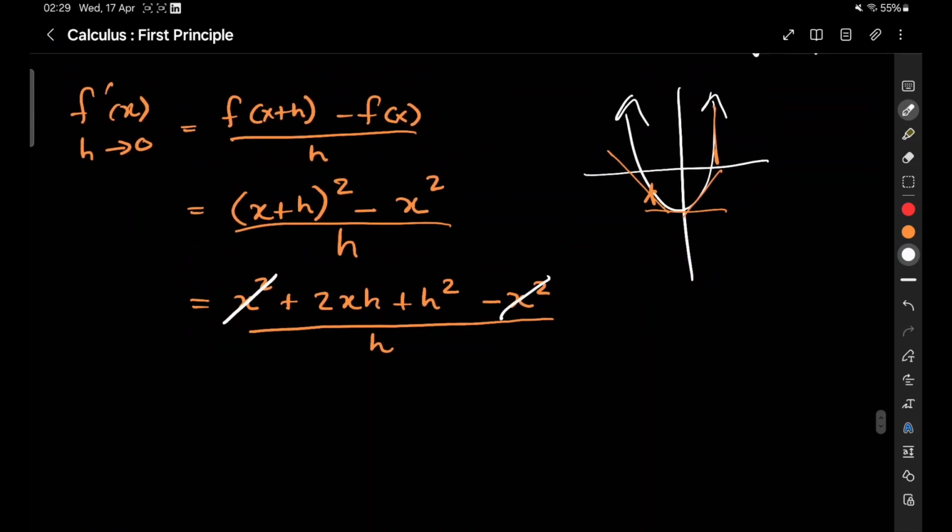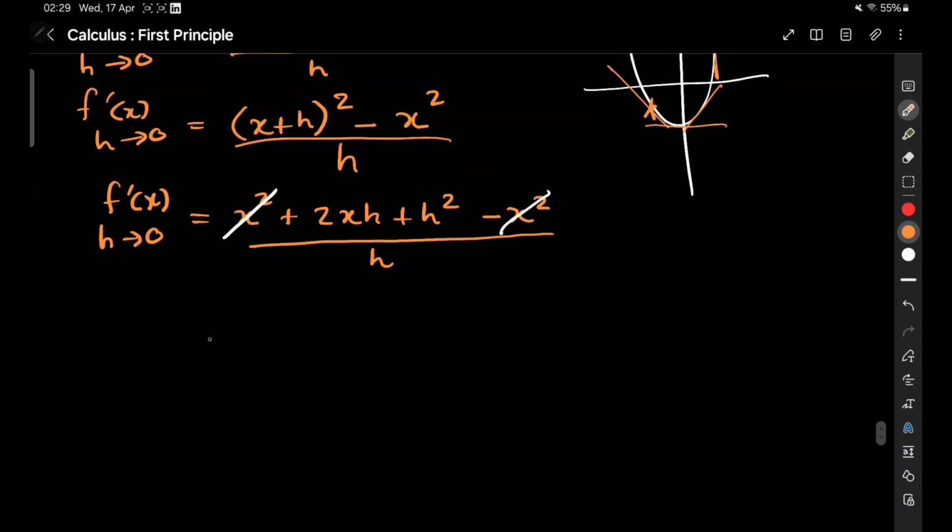Another thing to always remember is to always carry this limit until you're able to substitute your h as 0. If you don't carry that, you're most likely to lose a mark. It used to annoy me having to carry it everywhere when I was in high school, but it was necessary.